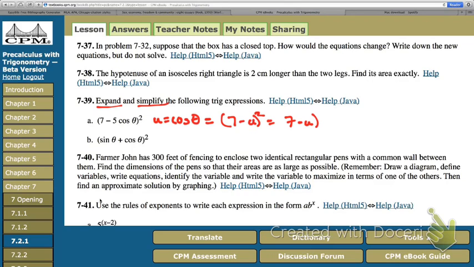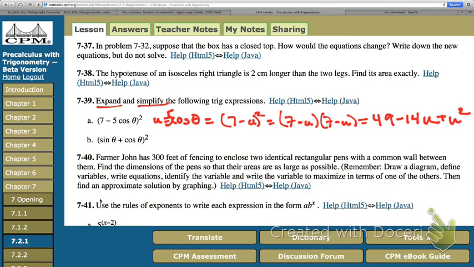Just 7 minus u times, which will end up being 49 minus, what, 14u? U plus u squared, and oh, I should have made it 5 cosine theta.